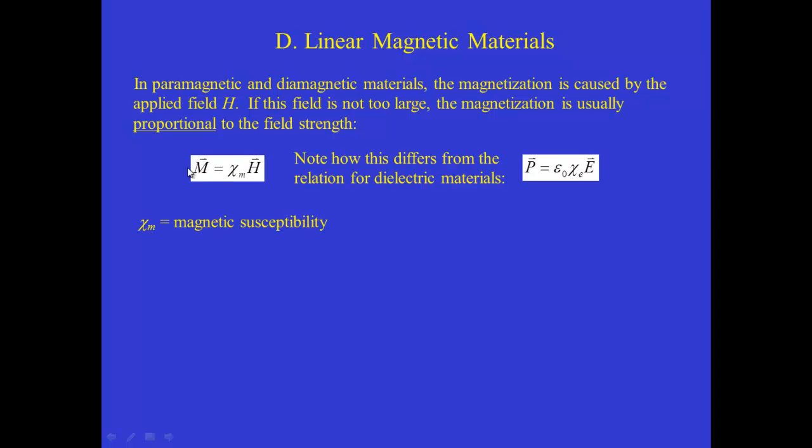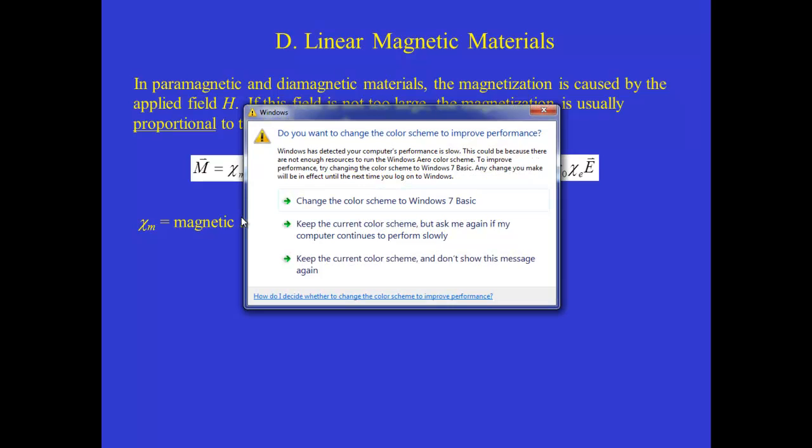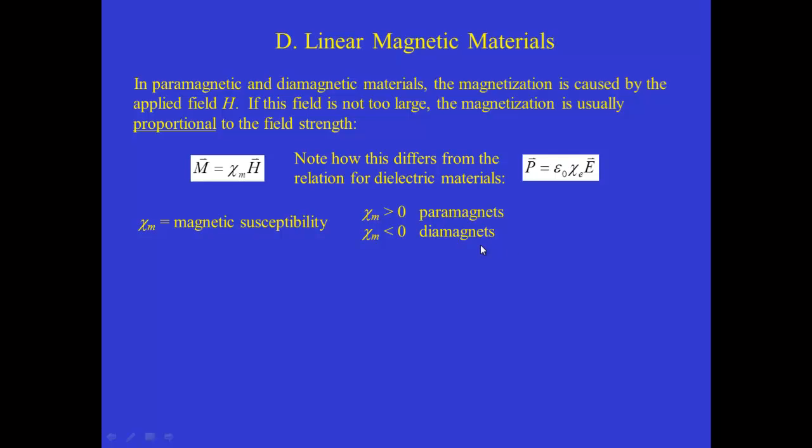So chi sub m, as I mentioned, is called the magnetic susceptibility. It is a measure of how susceptible a material is to being magnetized by some kind of applied field. In the case of magnetic materials, we've already talked about how the magnetic dipole moments inside the material can line up with the applied field, in which case you have a paramagnet, or the net response can be the internal magnetic dipole moments being aligned opposite to the field, and that's diamagnetic behavior.